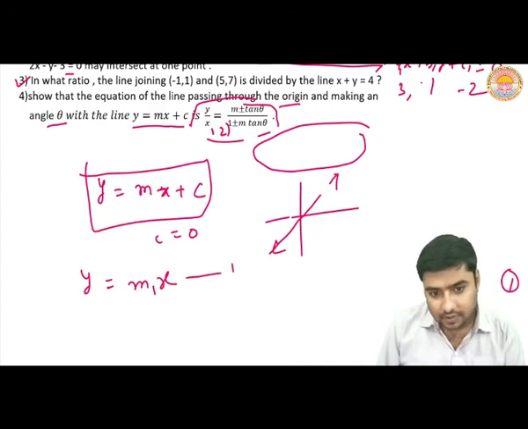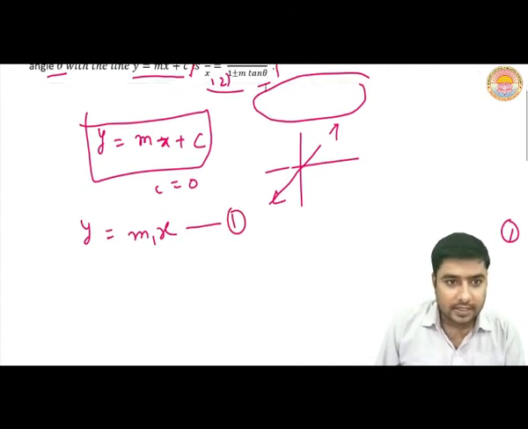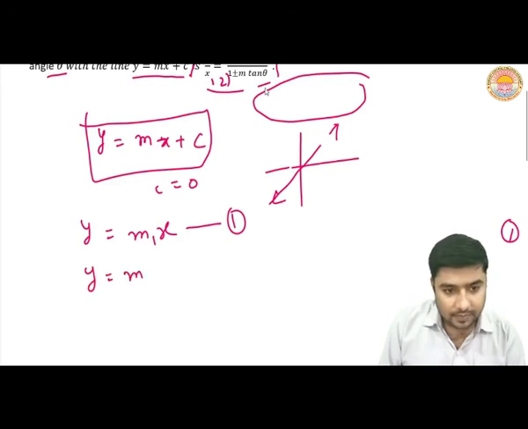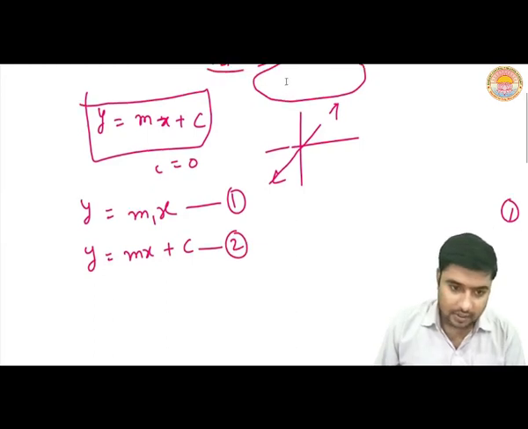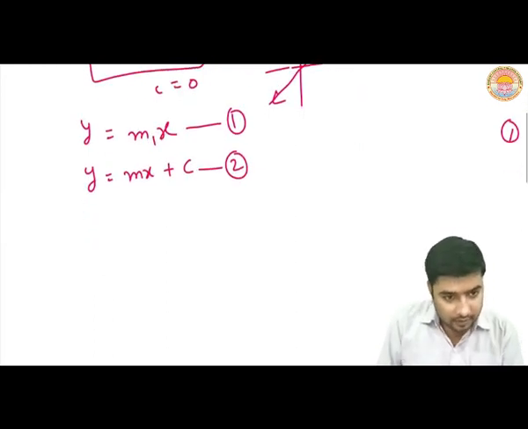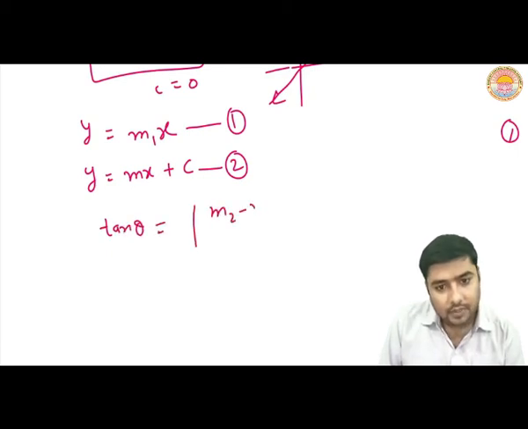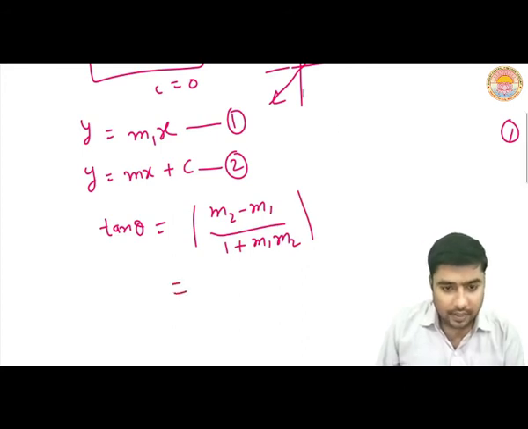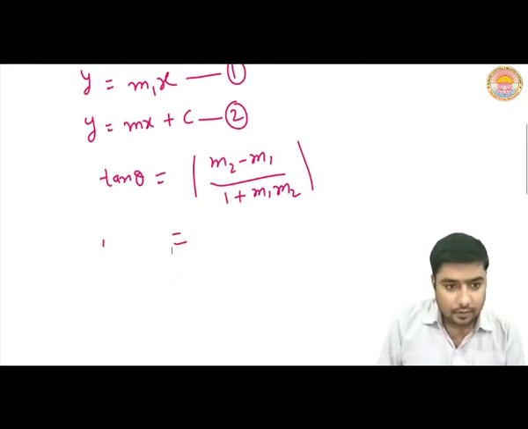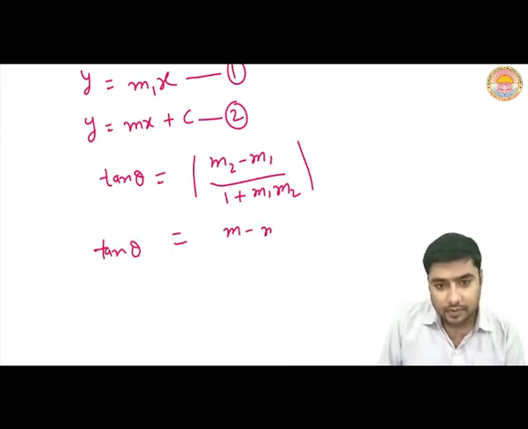This is the first equation, and the second line is y equals to mx plus c, and the angle between both lines is theta. We know that for the angle between two lines, tan theta equals to (m2 minus m1) upon (1 plus m1 m2). Here the slope m2 is m, so tan theta is (m minus m1) upon (1 plus m m1).